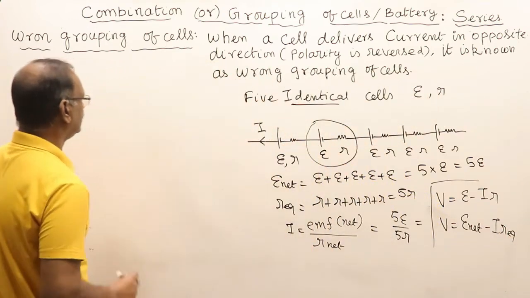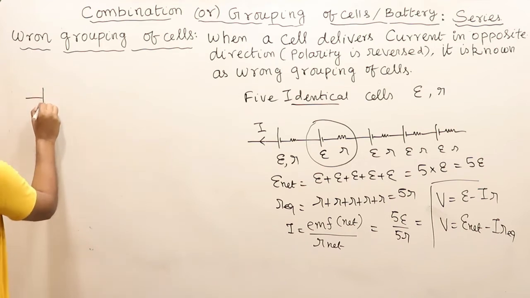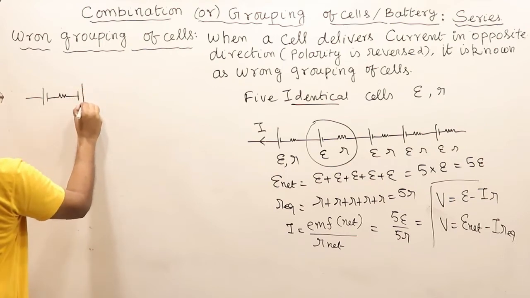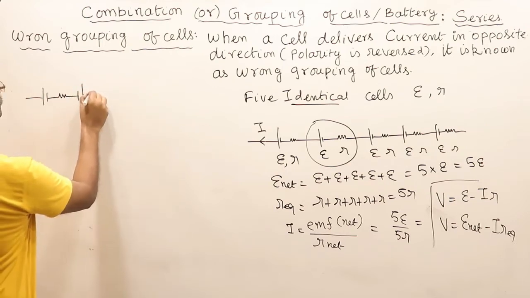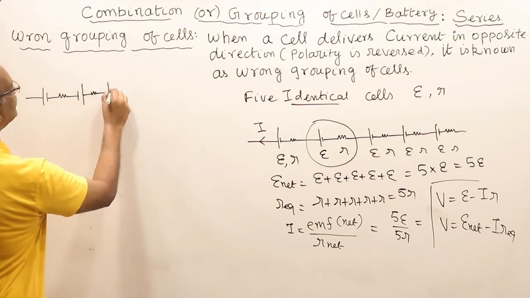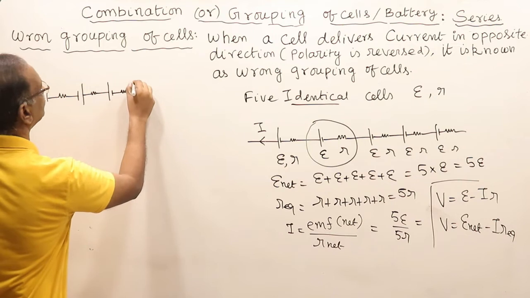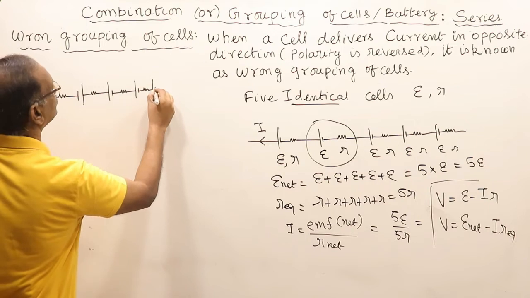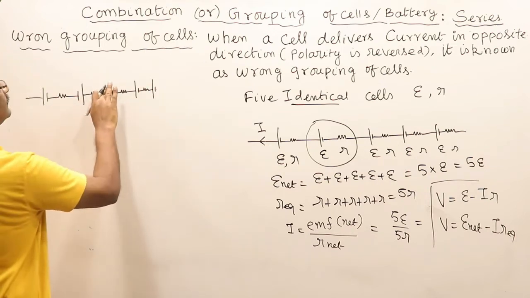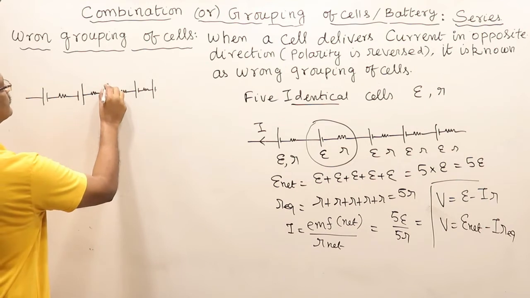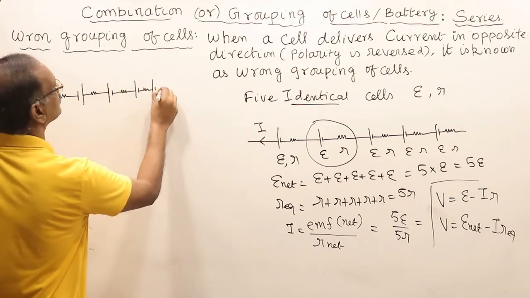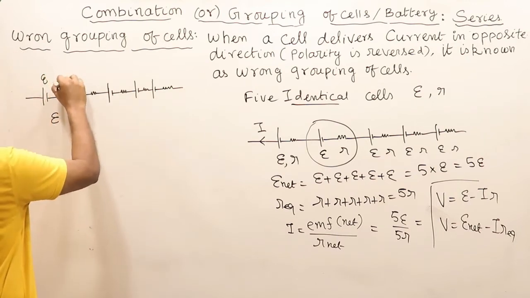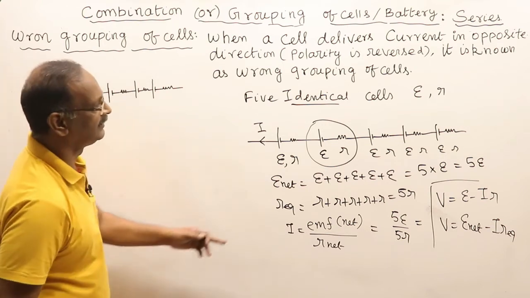Now this is properly connected. Now let us say wrongly connected. This is cell 1, and let us say the second polarity is reversed, that is wrongly connected, and the others, 3, 4, 5, are rightly connected. All have EMF epsilon and internal resistance R, since they are identical cells.